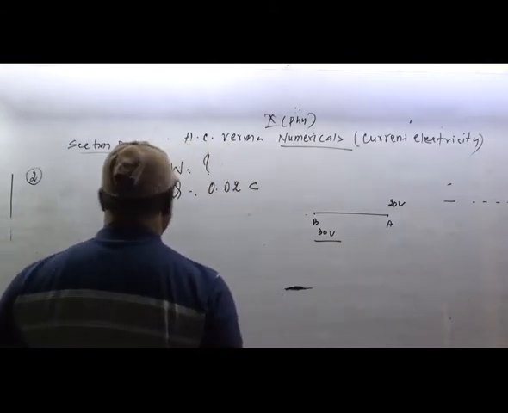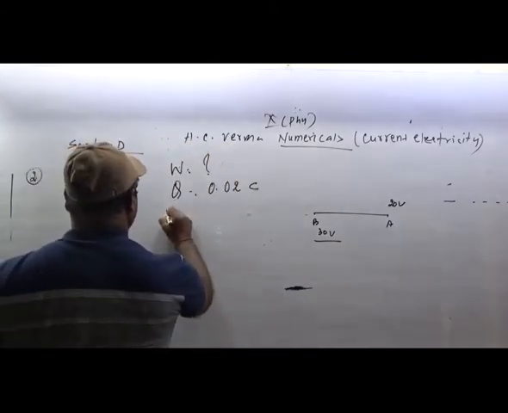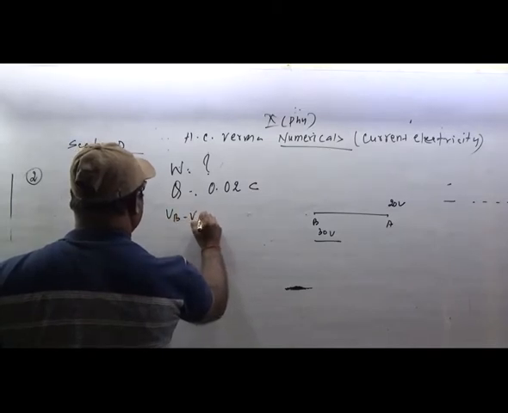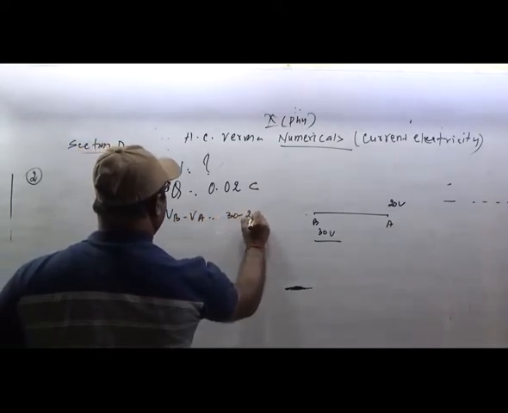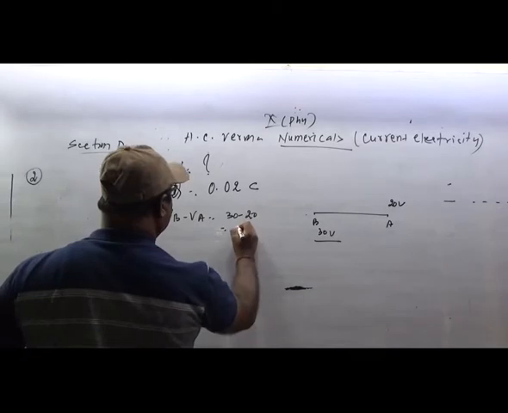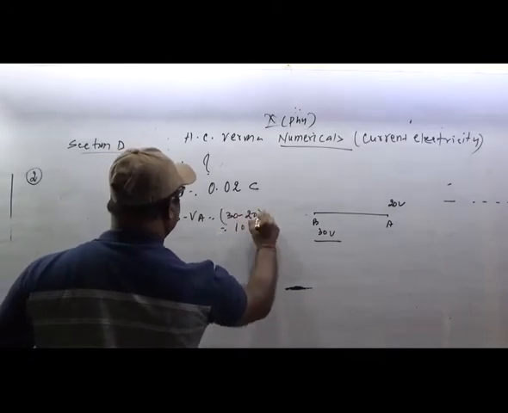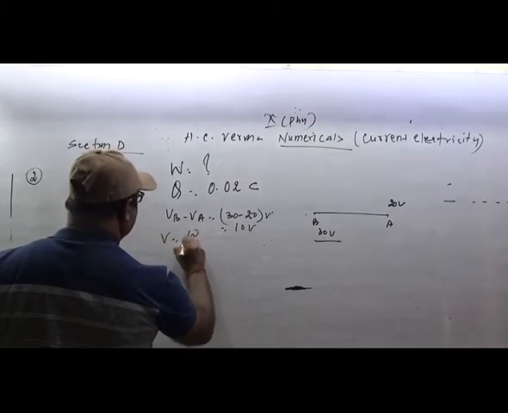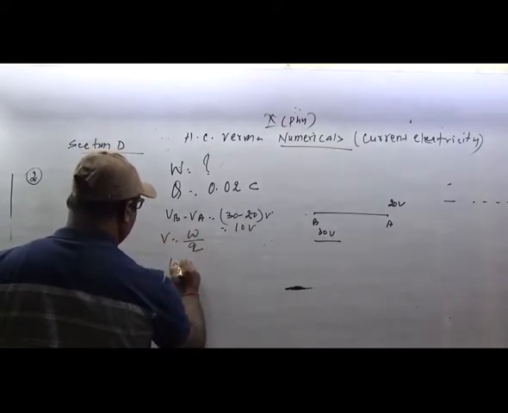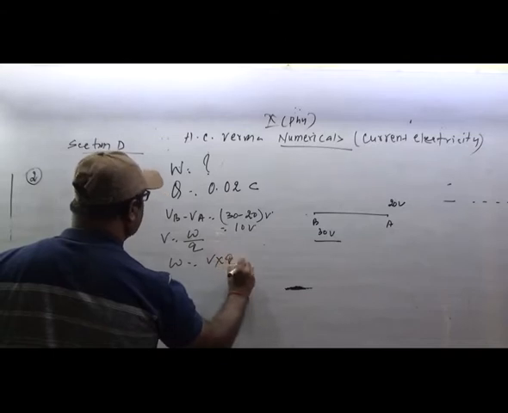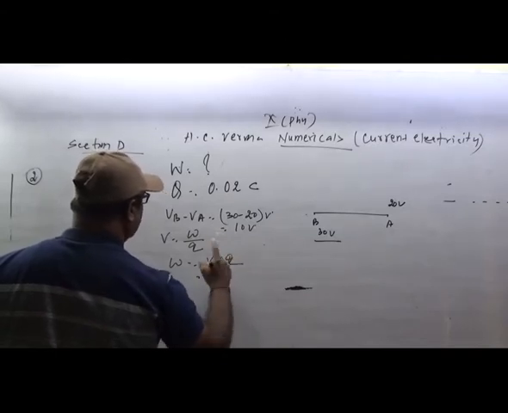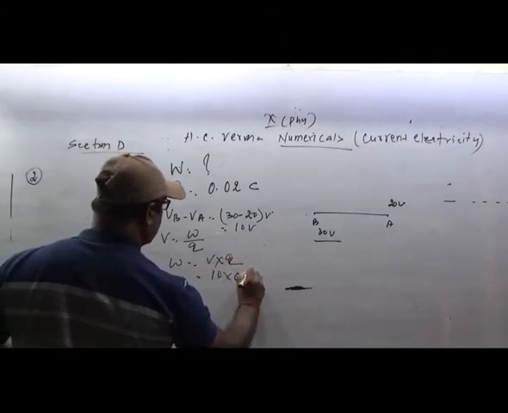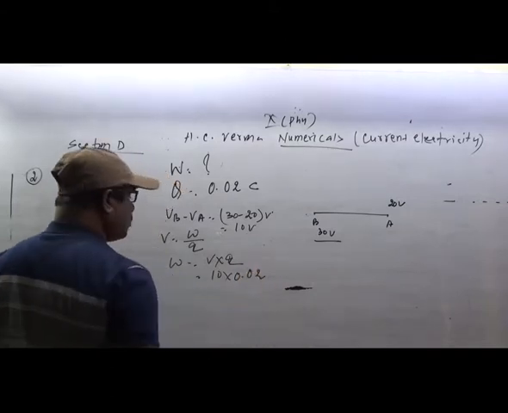Simple question. VB minus VA, how much? 30 minus 20. It is 10 volt. Alright. So once again, V is equal to W by Q and W is equal to V into Q. 10 into 0.02.